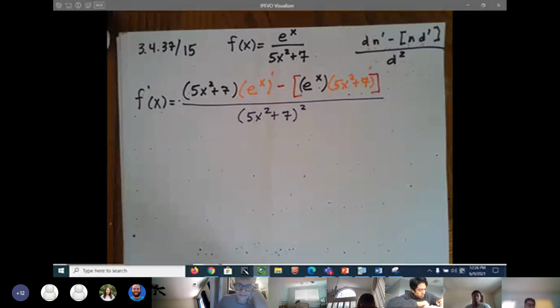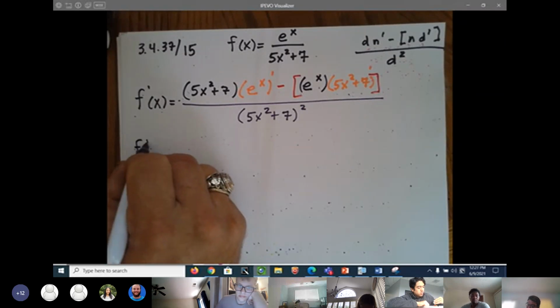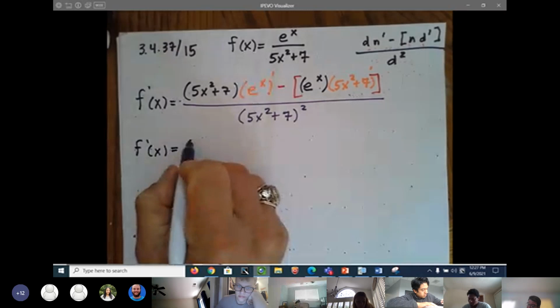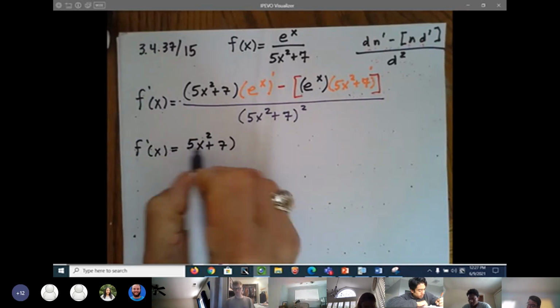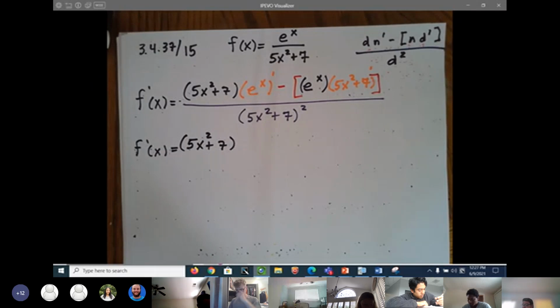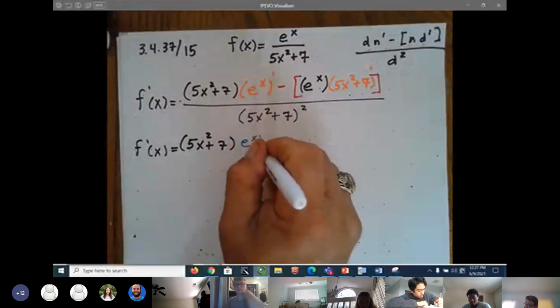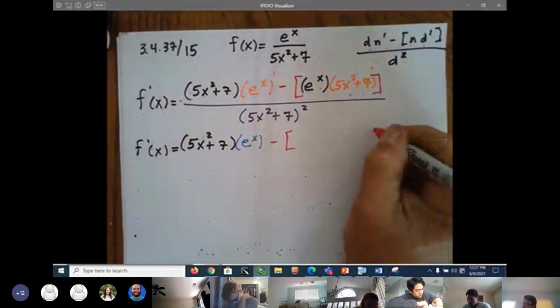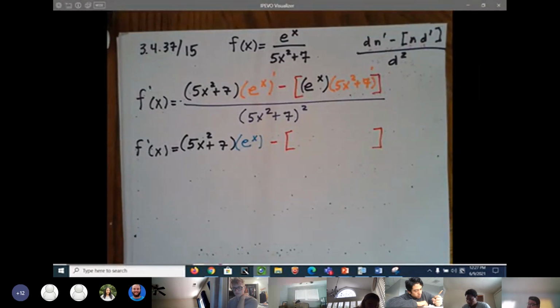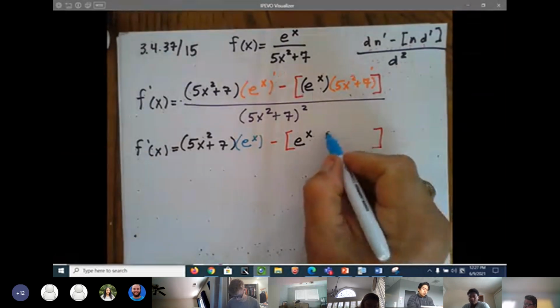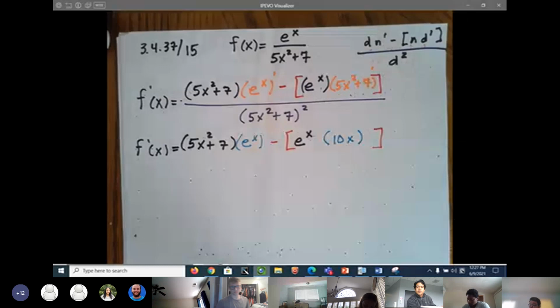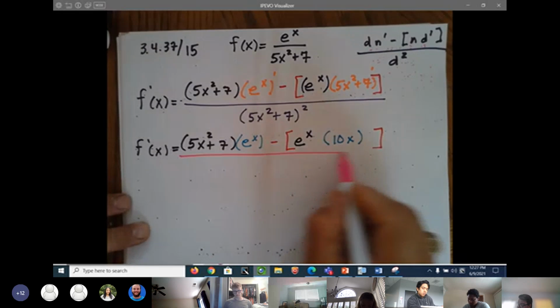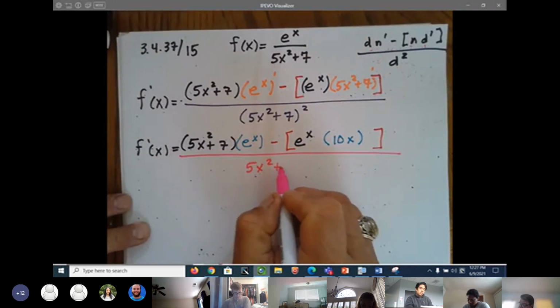All right, so here we go. f prime of x is equal to 5x plus 7, and the derivative of e to the x is e to the x, minus e to the x times 10x, over, I'm going to use a different color besides purple, 5x squared plus 7.